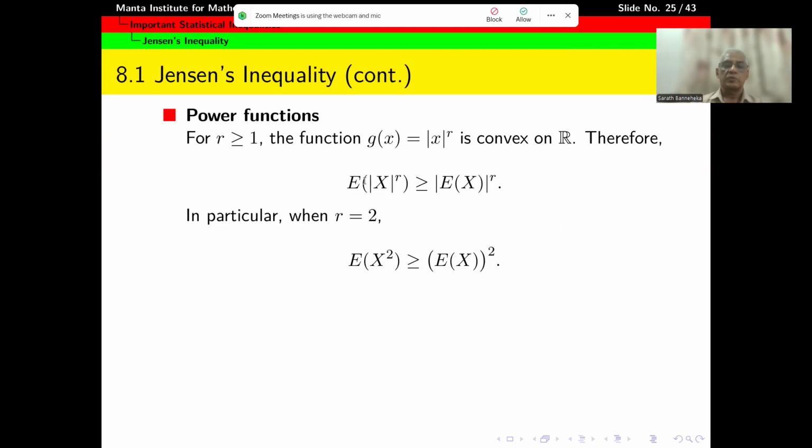Therefore, you can say that the expected value of |X| to the power r is greater than or equal to the rth power of the absolute value of the expected value of X. So a particular case we have already looked at when r is equal to 2, the expected value of X squared is greater than or equal to the square of the expected value of X. We have already looked at that. So that's a particular case for this example when r is equal to 2.